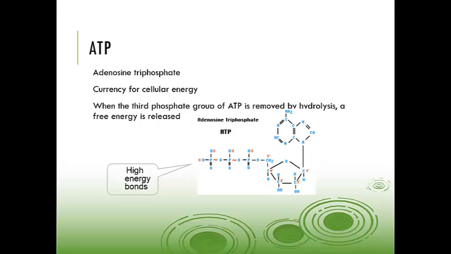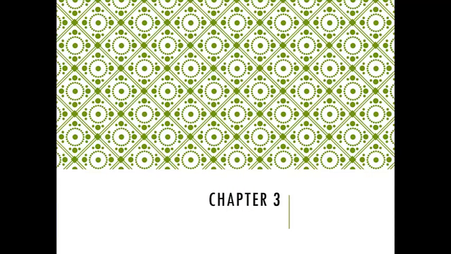It is filled with high energy bonds. When the third phosphate group of the ATP is removed by hydrolysis, energy is released. So the ATP then goes through phosphorylation. Phosphorylation, hard word to say. When you remove that phosphate group, you change the ATP to ADP.